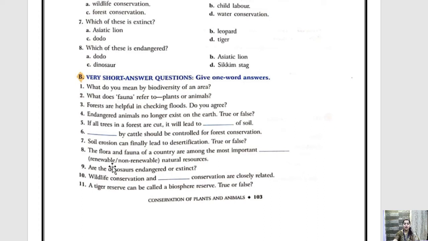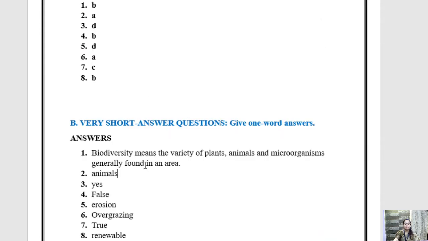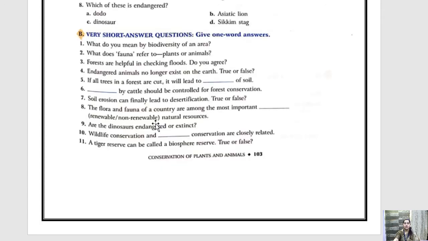Can we renew the flora and fauna, or we cannot renew the flora and fauna of a country? So for 8th, the answer is renewable. We can renew it. As we know that forest is also a renewable resource, we can renew it within a period of time, like within a period of 50 to 60 years, within one's human lifetime.